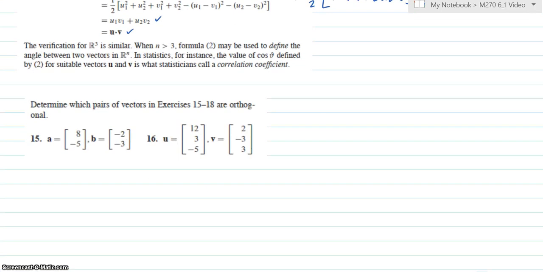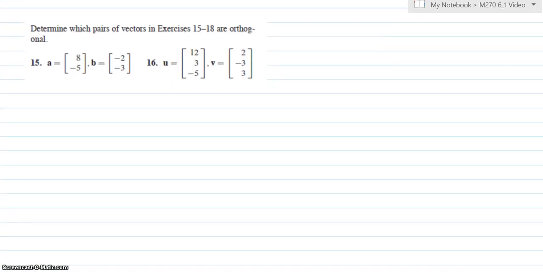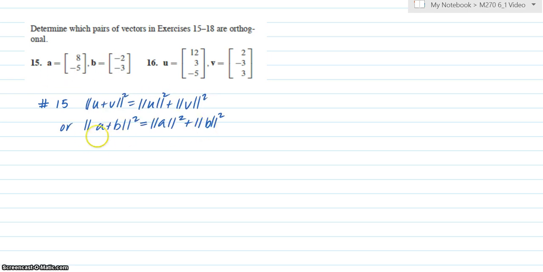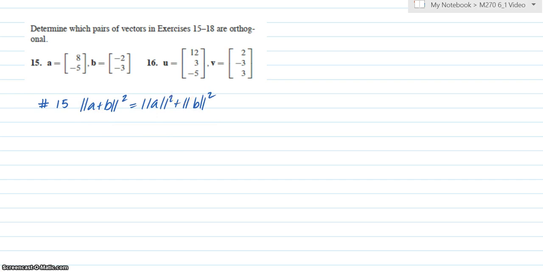So let's try these practice problems. It says, determine which pair is orthogonal. So you have a couple ways of doing it. First of all, number 15. We can look at the Pythagorean theorem. So in our case, we have a's and b's. If I take a plus b and square its length, we could use the Pythagorean theorem because we know that this is true if and only if a and b are orthogonal.